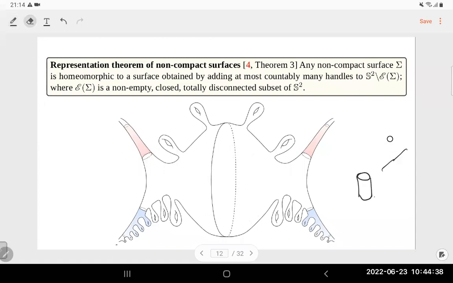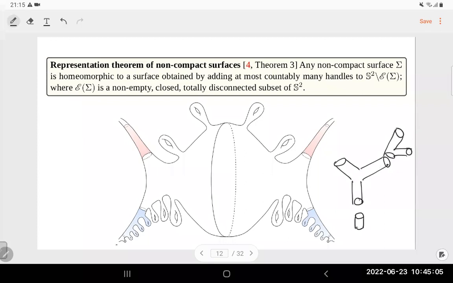For example, how does the inductive construction of this surface look? Let us draw it once. Here it has infinitely many handles and exactly 4 ends, right? So I'll start with a disk. I want to construct 4 ends. So first, pair of pants. Then again here, pair of pants.